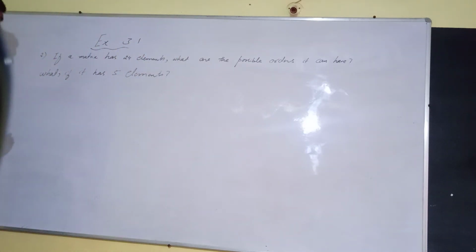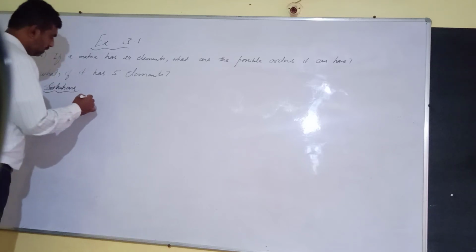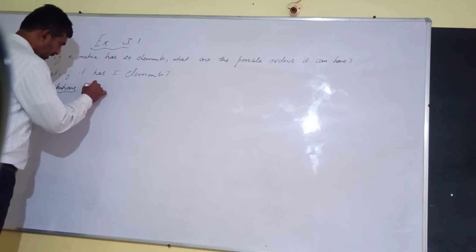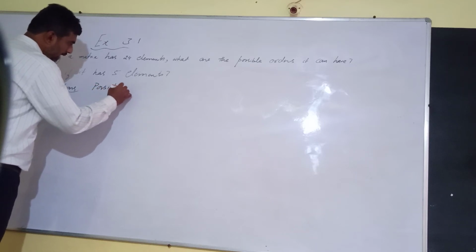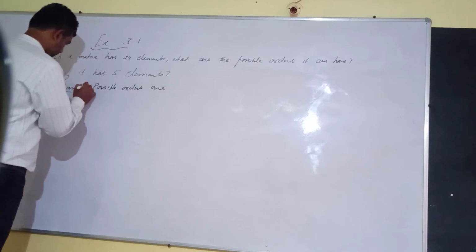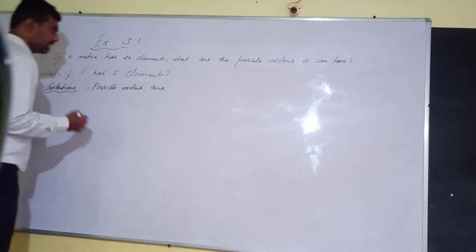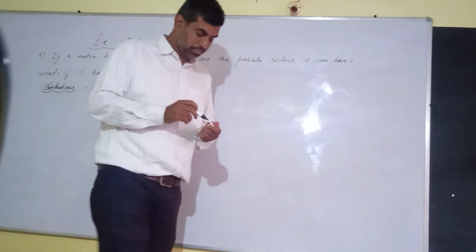Now, possible orders. We can write very easily. Possible orders are, if 24 are the number of elements.